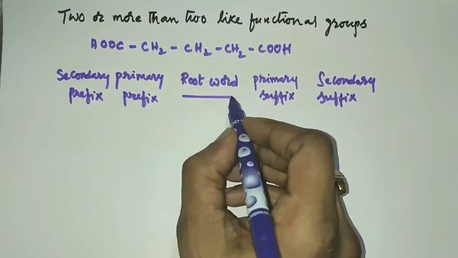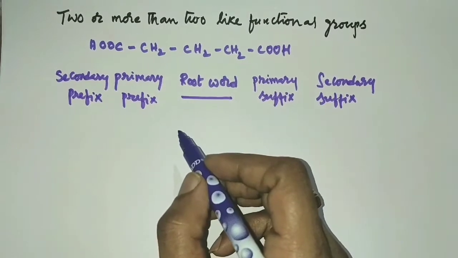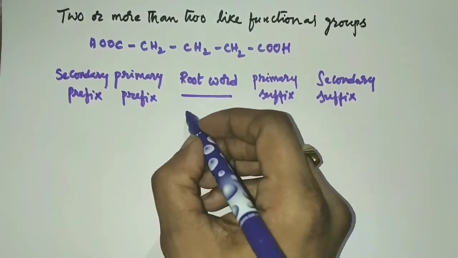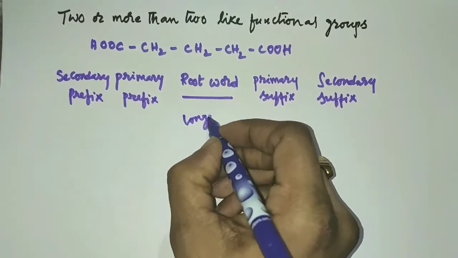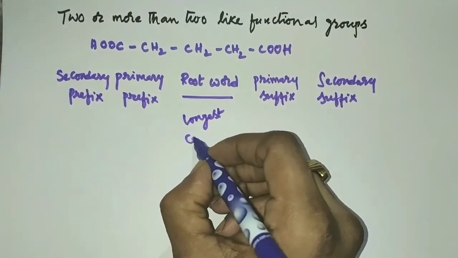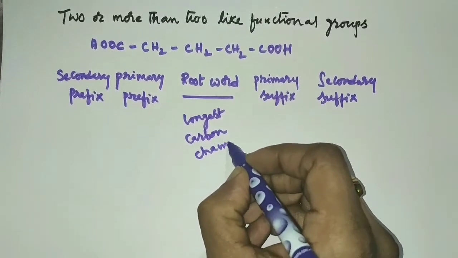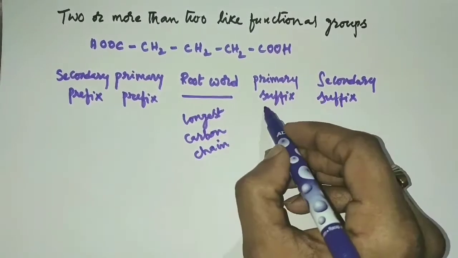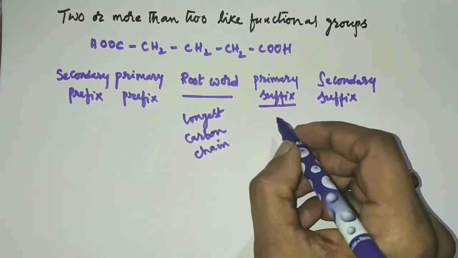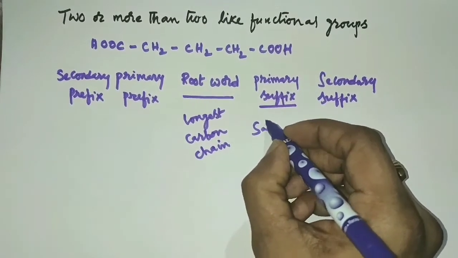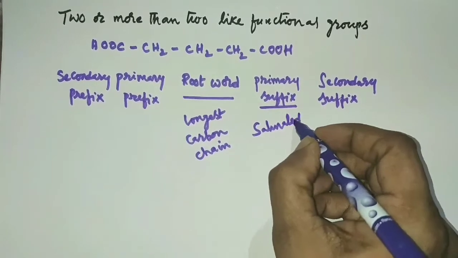This root word depends upon number of carbon atoms present in the longest carbon chain. And primary suffix of the name depends on whether the compound is saturated or unsaturated.